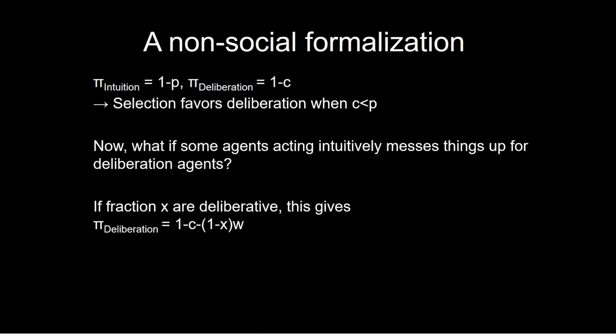And now, if you say that the payoff for intuition is just still 1 minus p, and now the payoff for deliberation is this quantity, then you can say, okay, now we're sort of back in a more game theory type situation.